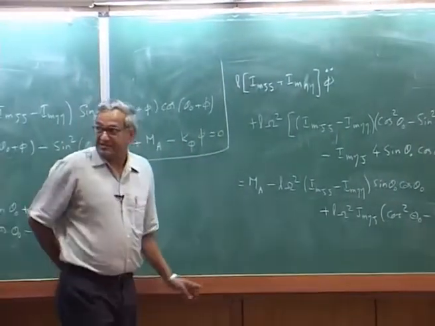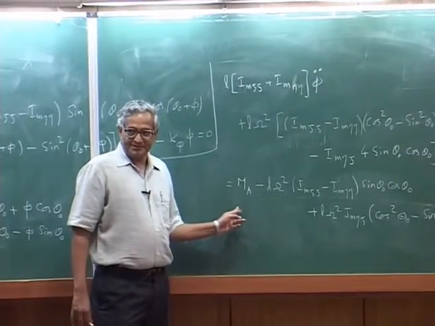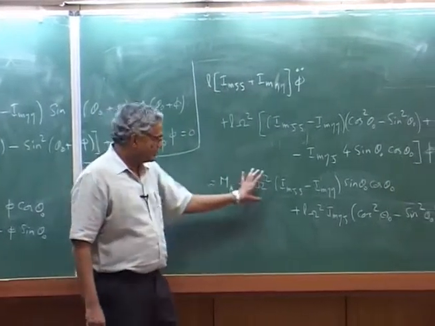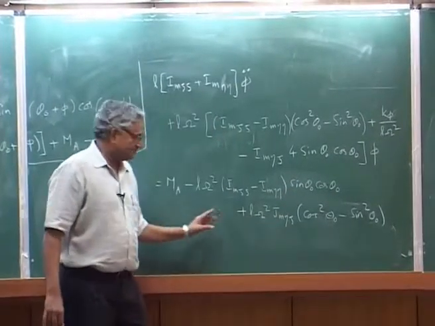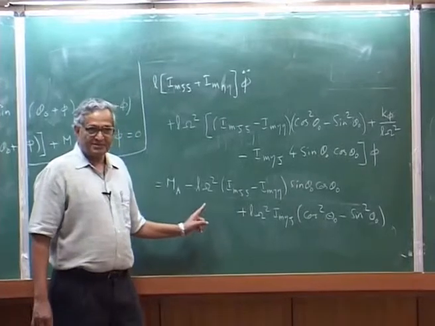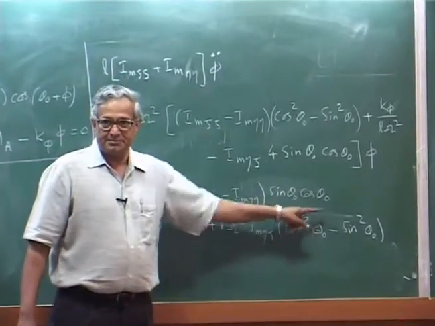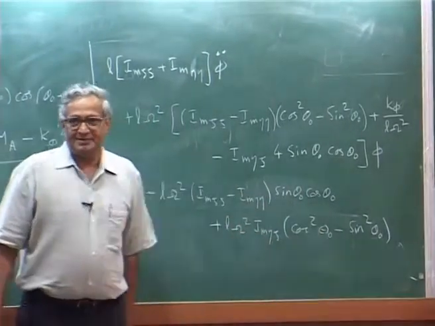But you look at the external loading, MA is the aerodynamic load. There is one constant term. Please understand, this constant term is there, which is a function of pitch angle. Okay.